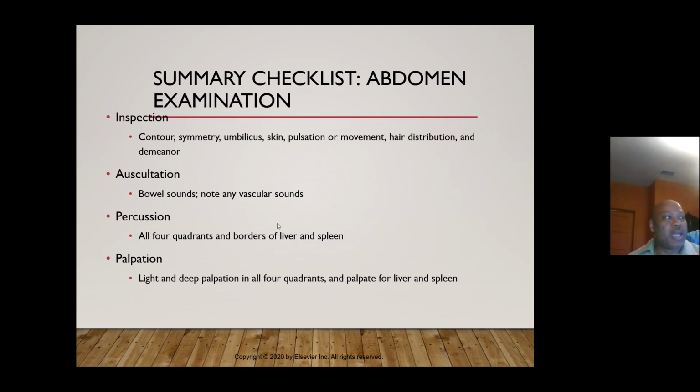This is just giving us that summation, right? And as far as palpation, light and deep palpation in all four quadrants, and we're also palpating the liver and the spleen. Don't do a whole lot of percussion anymore, as I mentioned, but obviously palpation is going to be very important here.